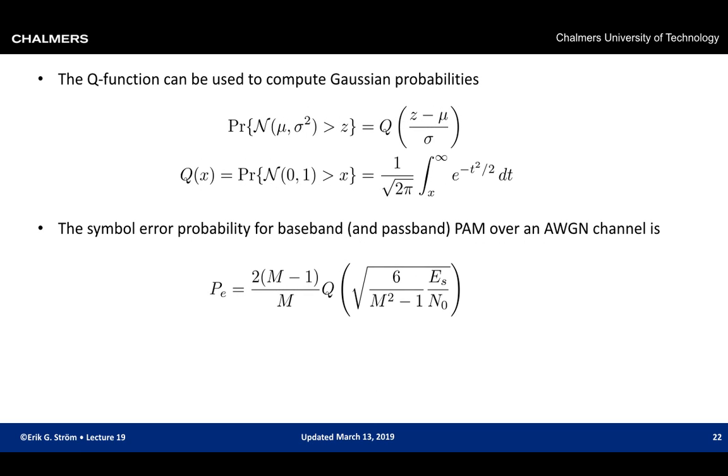Let's continue. All right, and then we have Q functions, and then we can calculate the symbol error probability for baseband and passband PAM over a Gaussian channel. It looks something like this.